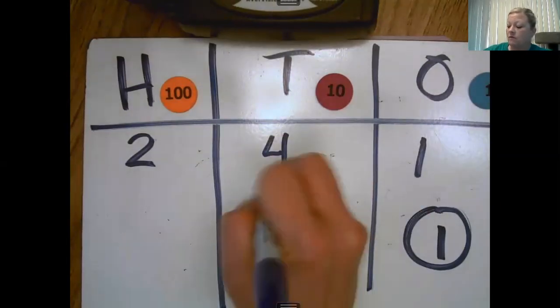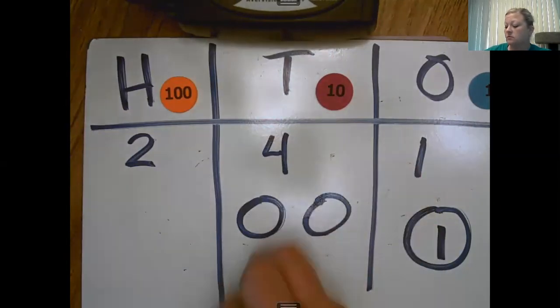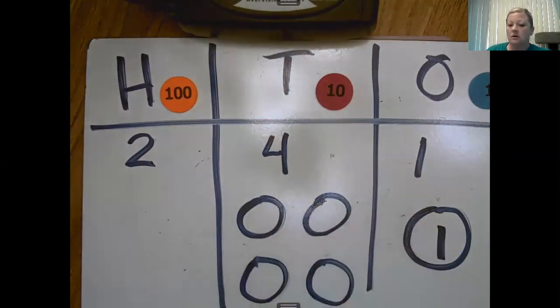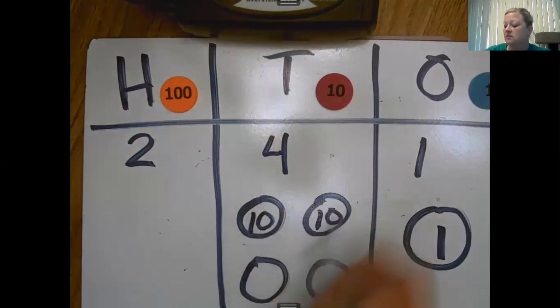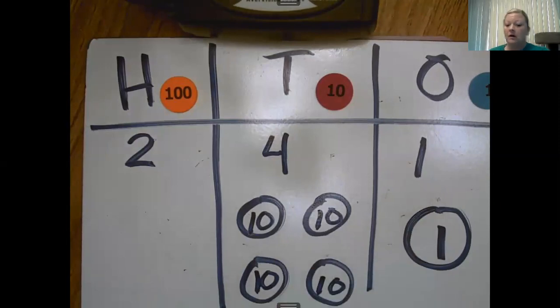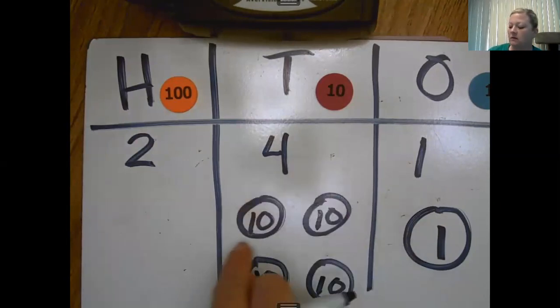So I'm going to draw 4 circles. And in each circle, I'm going to write the number 10 so I don't confuse them with ones. And then I'm going to skip count by 10 to find out how many 4 tens makes. So 10, 20, 30, 40.